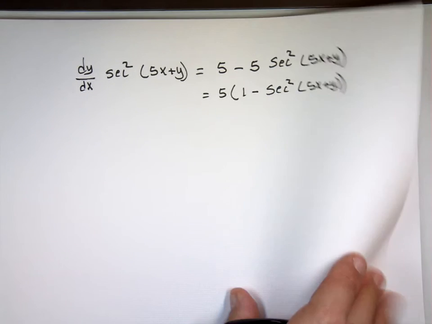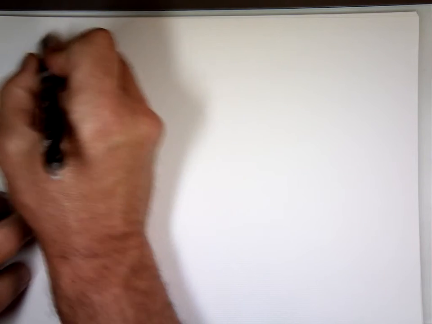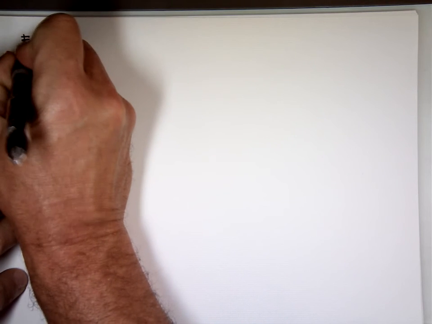And the last one is the 15. Let's make sure I get the right one. Find the slope of the tangent line at the given point. Number 15, was it?